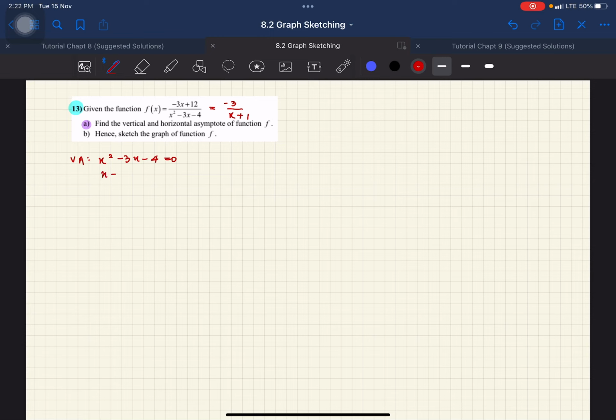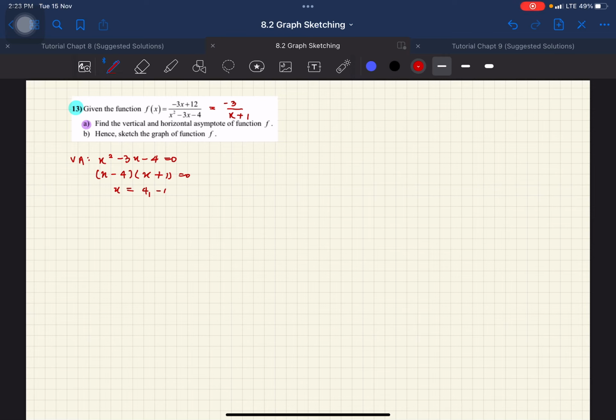I get x minus 4 times x plus 1 equals 0. So you get x equals 4 and also negative 1. Now let's check whether 4 and negative 1 are vertical asymptotes or not.